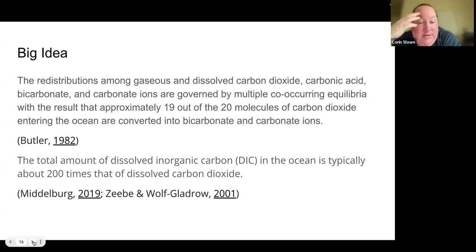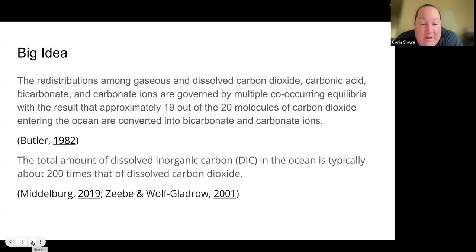And the total amount of dissolved inorganic carbon in the ocean is typically about 200 times that of the dissolved carbon dioxide. So we have much more dissolved inorganic carbon than we have dissolved carbon dioxide. So the equilibrium really favors dissolved inorganic carbon.